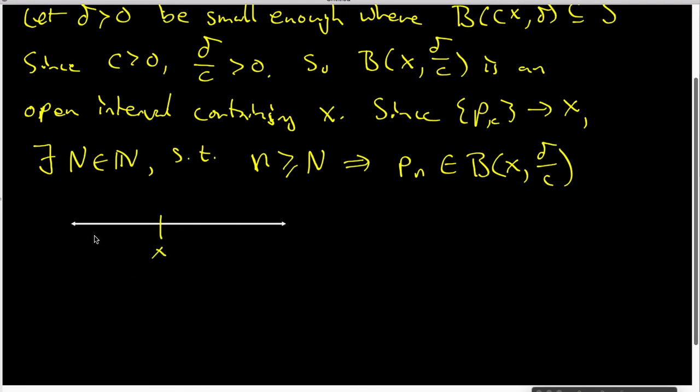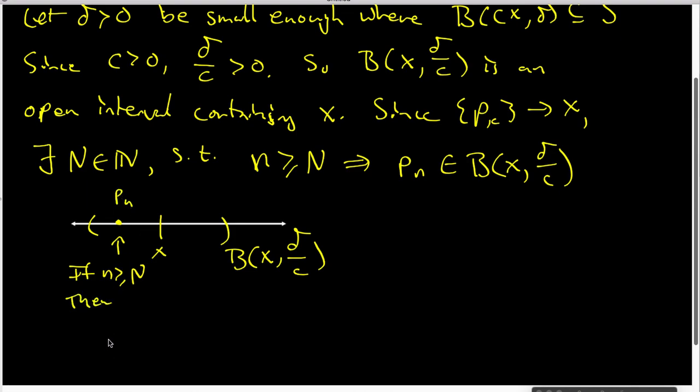Here is X. Here is my delta ball centered at X of radius delta over C. And what I know about this delta ball is if n is bigger than or equal to capital N, then Pn lies in here. Now what I'm going to do is think about what that says.